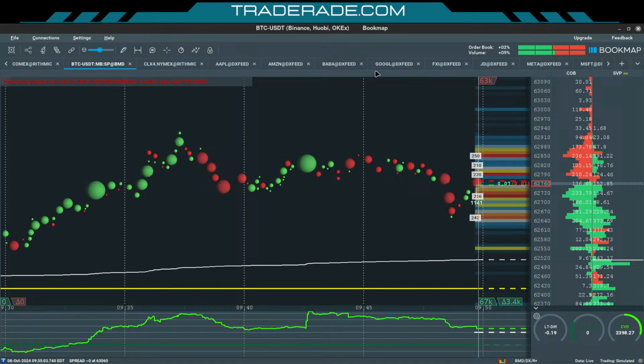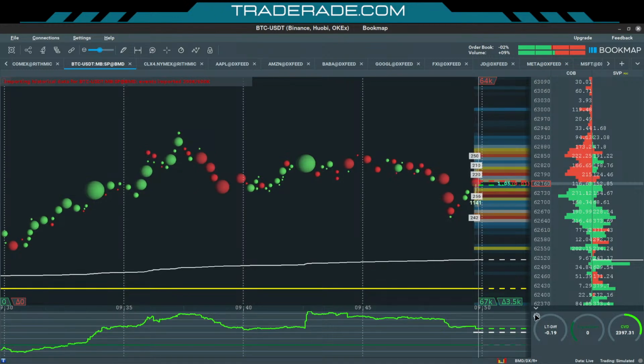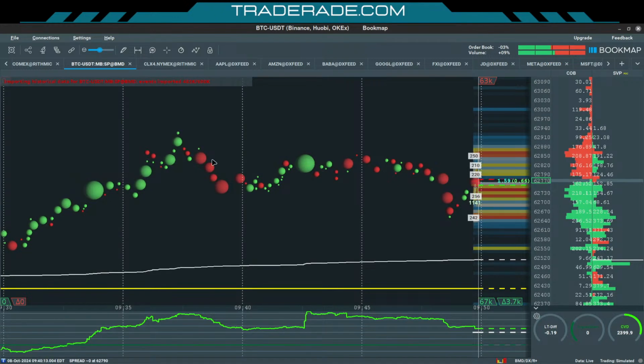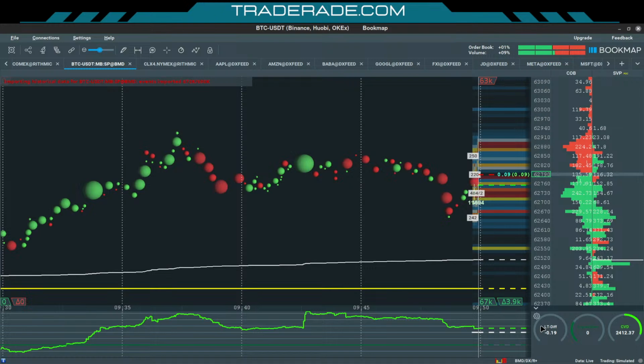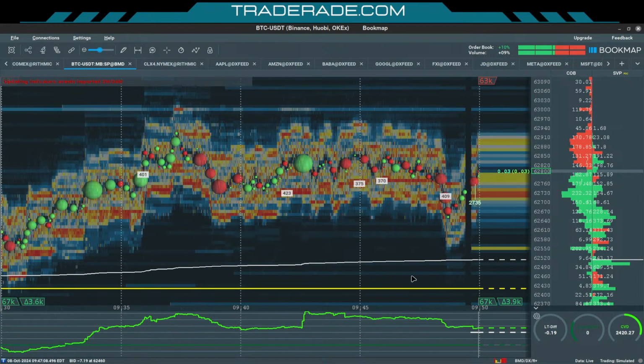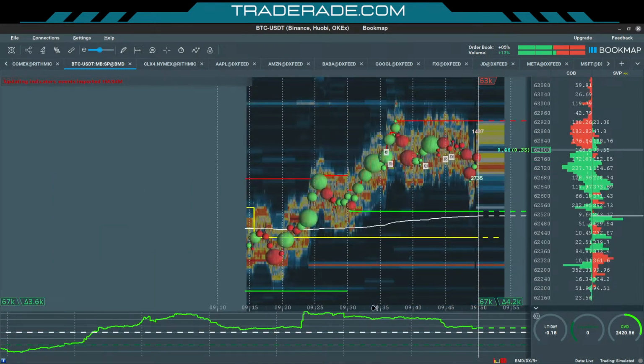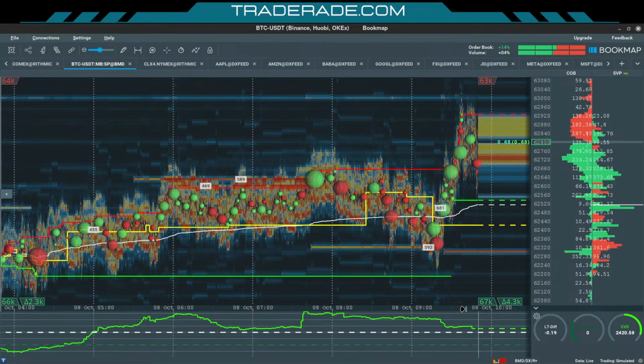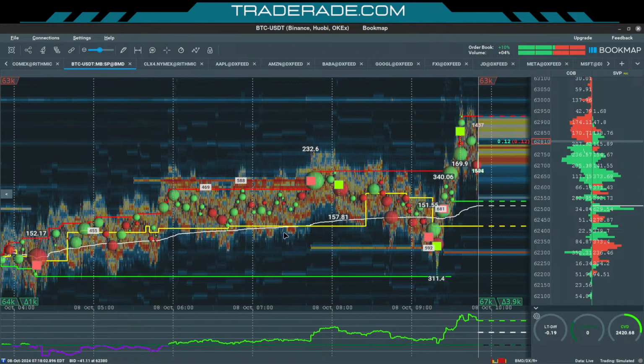It's a good proxy or heuristic for risk appetite. And there we go. We can pull it back a little bit just to see that there has been a pretty decent bid off the European market open in Bitcoin into the present, and certainly off the US market open as well.